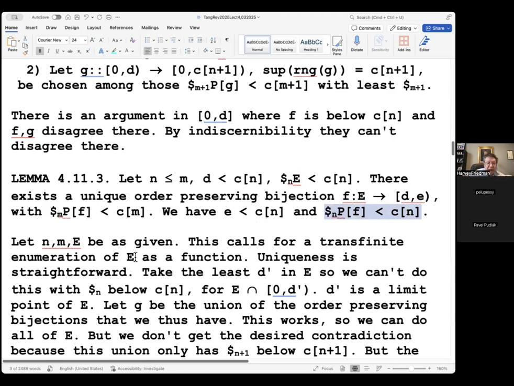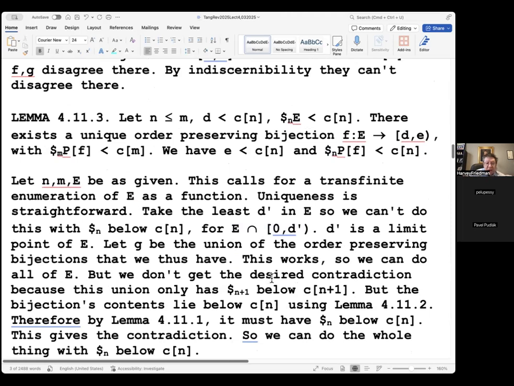So this calls for a transfinite enumeration of E as a function. And uniqueness is straightforward. And you take the least D prime in E so that you can't do this staying constructible for E intersect. You want to take the least D prime so you can't handle this for an initial segment. And that's obviously going to have to be a limit point. And then you take the union of the order preserving bijections that you just have. They all cohere.